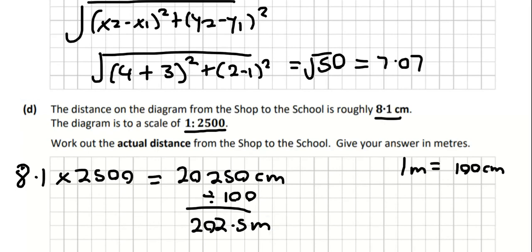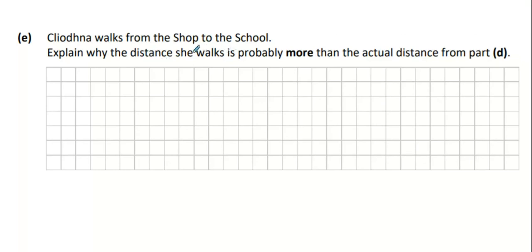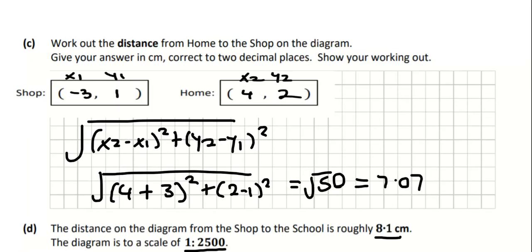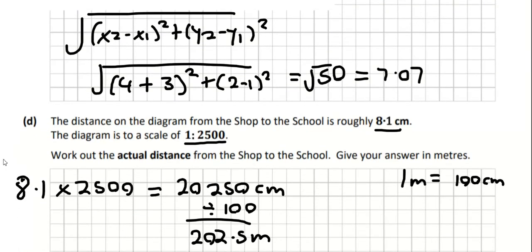Now, next thing we have to do. Clodagh walks from the shop to the school. Explain why the distance she walks is probably more than the actual distance from part D. Well, in part D, the distance.